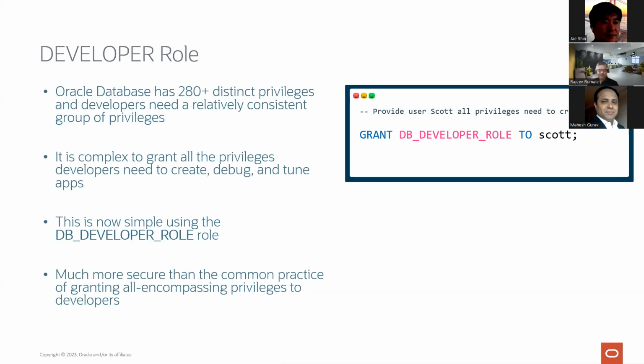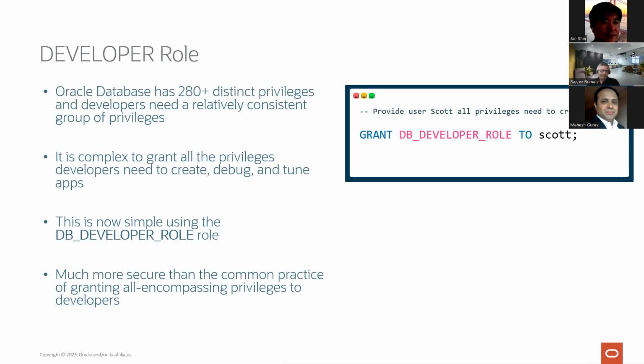This is a new role which by default has 280 plus distinct privileges that a developer would require for any development activities, right? So it will cover everything, right from access, like say, the create connect privilege, to create tables, debug tables, look at the statistics, and tune, which helps to tune their applications, right?